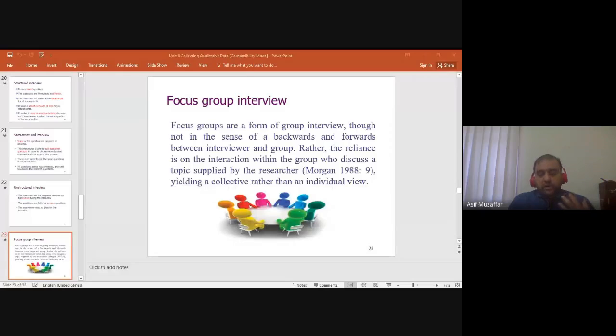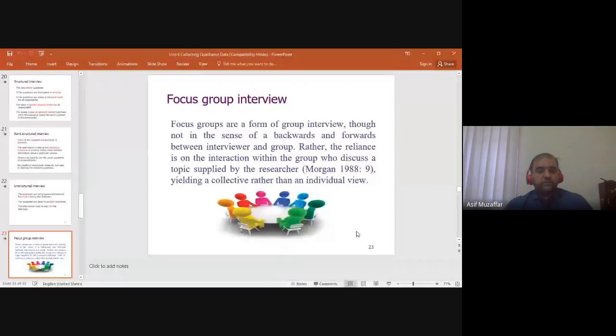Okay, so in a focus group, the collective responses or collective feedback is important, rather than in interviews, whether structured, semi-structured or unstructured. At one time, you are interviewing only one person. Whereas in a focus group, you will have more than one person, basically a group of people who would be focused on that type of research.